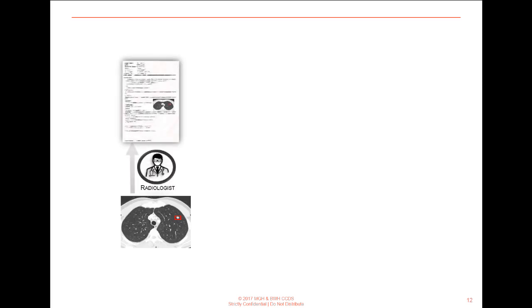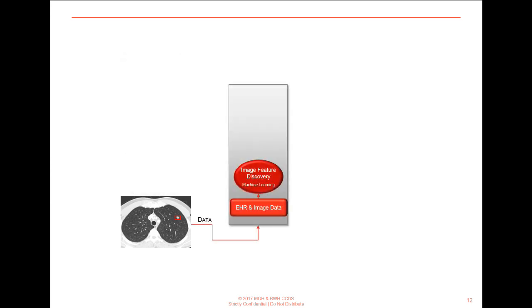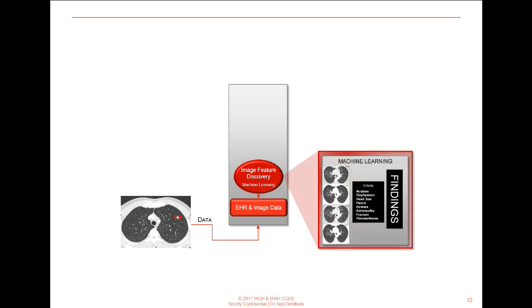But we also recognize that there is an opportunity to improve the way that we report this data in our product, which is the report. And Terry talked a lot about this. Today, we identify the nodule, and through prose, we dictate the features and the size. But imagine a world in which you're extracting the data, and through machine learning, you're actually discovering features and codifying them into a structured data format.